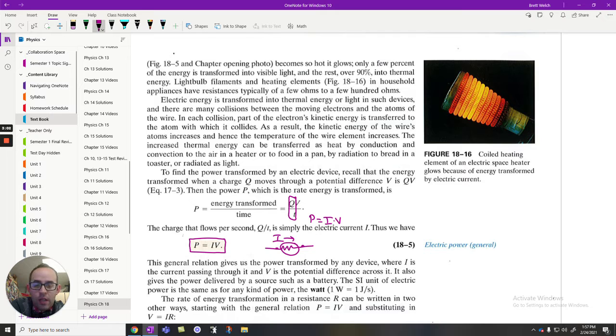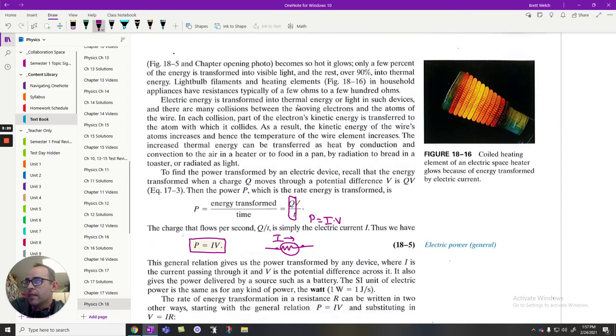Today we use more efficient lights, and a 60-watt bulb today would be extremely bright, whereas a 60-watt bulb back in the day was just a standard-looking light bulb.